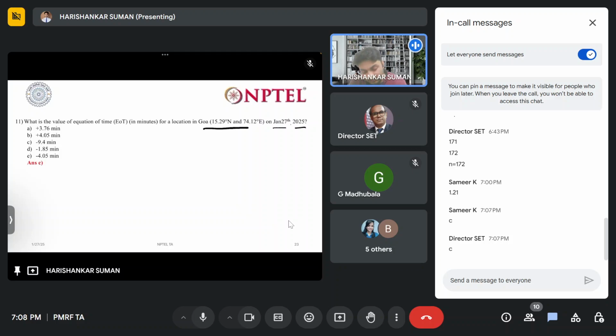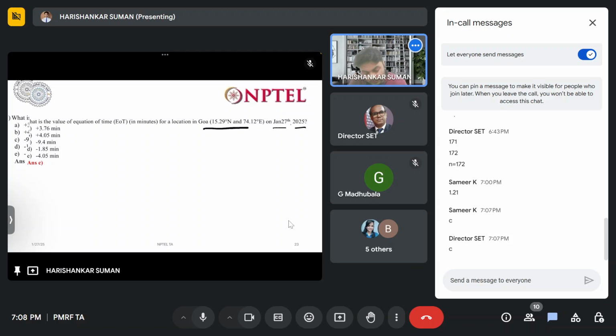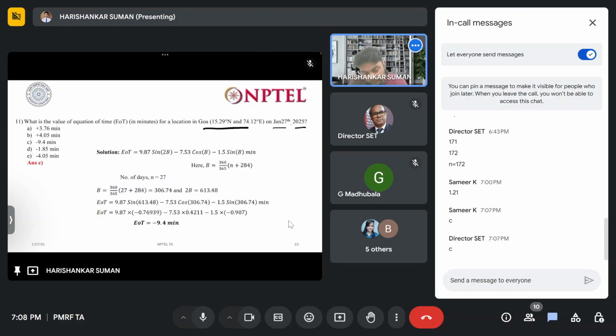Answer C is correct, but how? So you can use this equation. Please solve. This is a wrong answer. Please find the mistake in this solution.